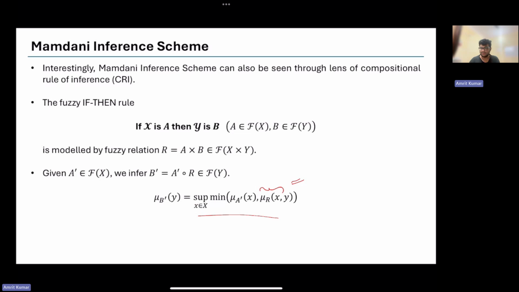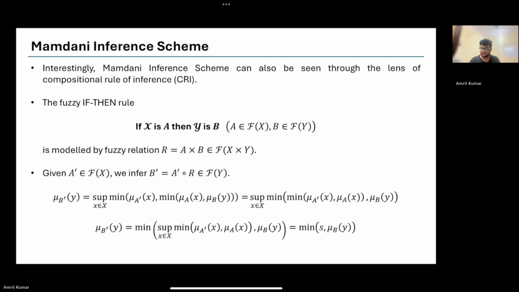Now let us substitute the formula for mu R. Remember, R is built using the minimum operation, so this is what we will get, which is nothing but mu R of x comma y. Now let us look at this whole expression. We are taking the minimum of mu A of x and mu B of y, and whatever value we get, we are taking the minimum of that with mu A dash of x.